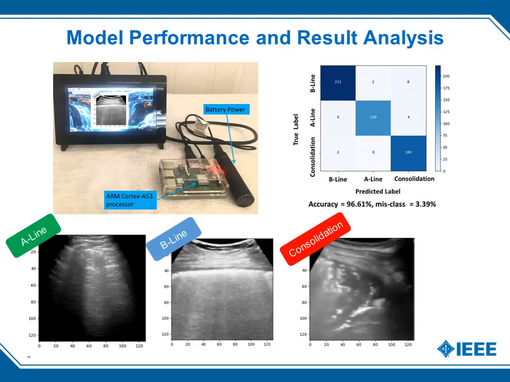So the stage of COVID-19 progression or recovery can be identified by nursing staff without the need of an ultrasound specialist. This is particularly helpful in resource-limited senior communities, such as assisted living or nursing homes.